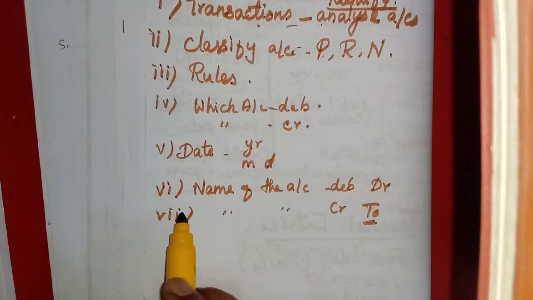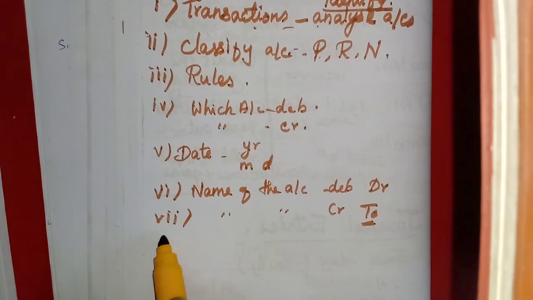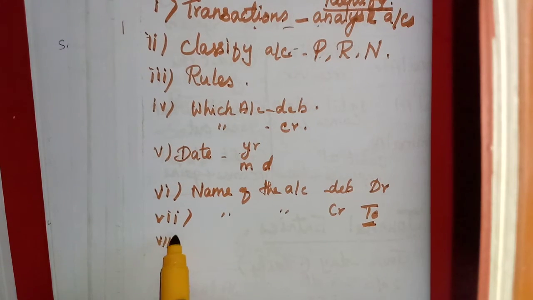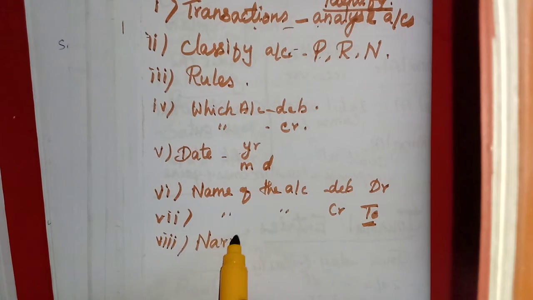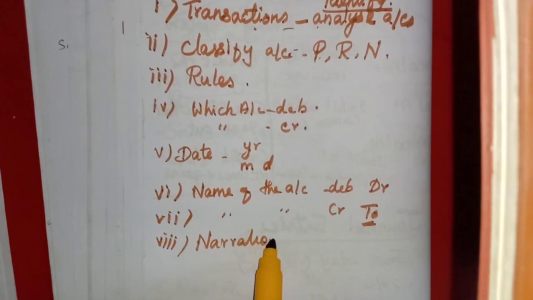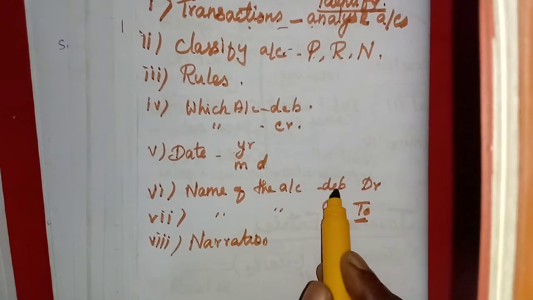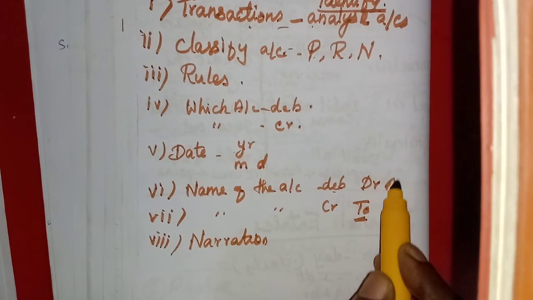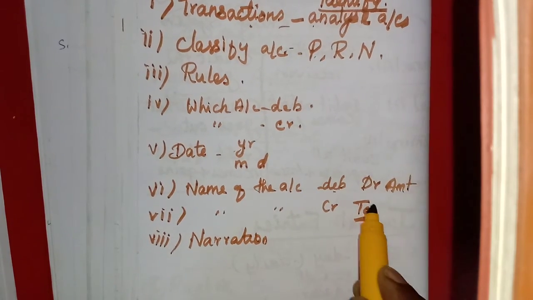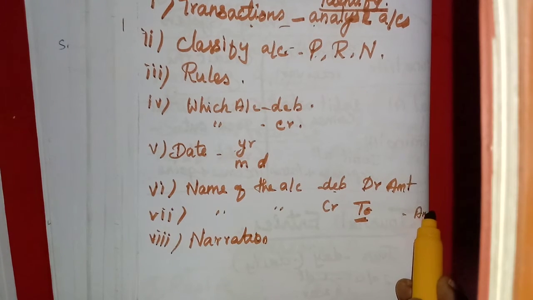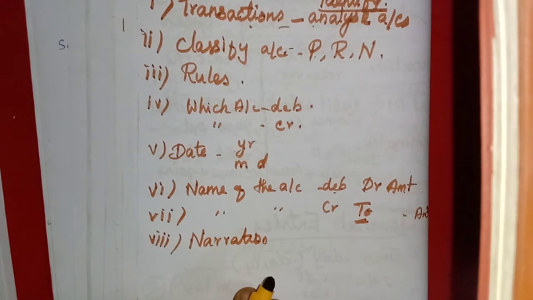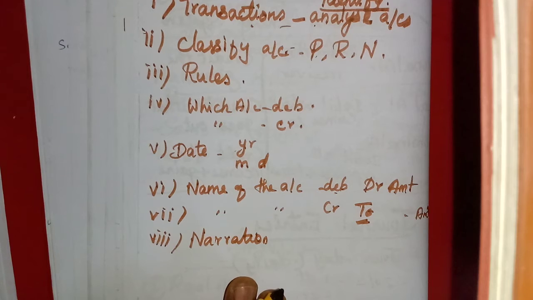Then the last step, we have to write the narration. Before that, when we write debit, here we should write the amount also, and for credit we should write the amount in the credit column. So there are 8 steps in preparing journal entries.